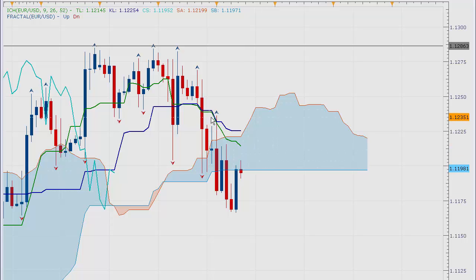We've had a TK cross, a weak TK cross because it's above the cloud, and you can see the market's moving to the downside. So if we wait for a break below this level, I'll put a line on.